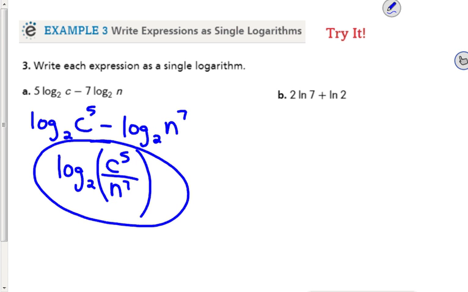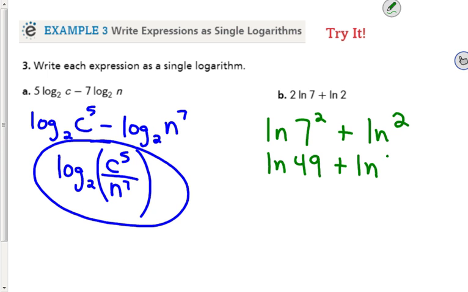Now part B. 2 times the natural log of 7 plus the natural log of 2. Well, I have this number out in front, that 2, so I can make that the exponent on the 7. So I end up getting the natural log of 7 squared plus the natural log of 2. I might as well square the 7, get the natural log of 49 plus the natural log of 2.